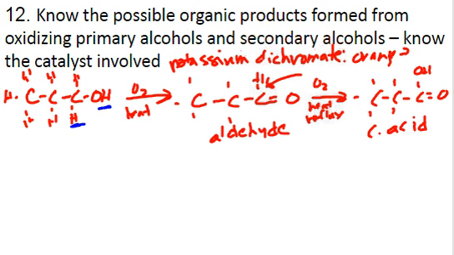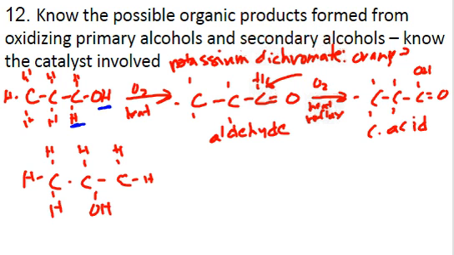Secondary alcohol, same catalyst, and basically the same process as our first reaction here, except because the OH is on the center, when I pull off two hydrogens, and again I need O2 and heat, I've only got two hydrogens to pull off.